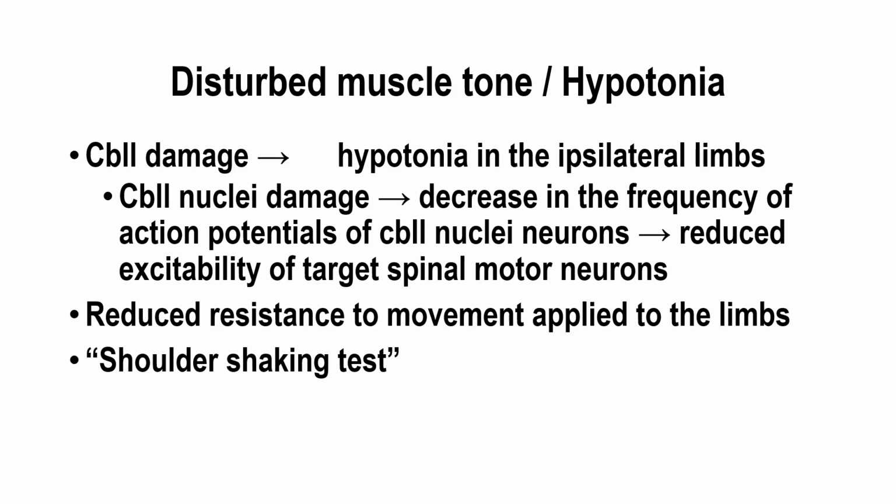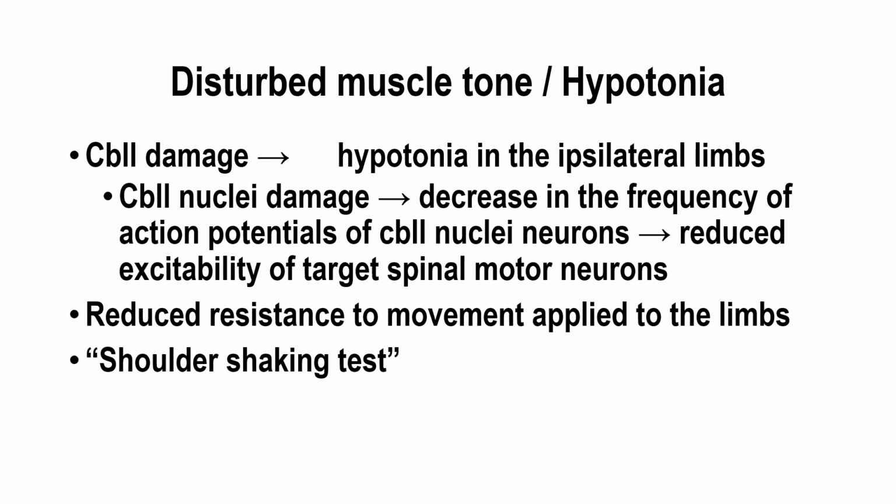Symptoms of cerebellar damage include abnormal muscle tone, particularly hypotonia, that is, lowered muscle tone. Cerebellar damage typically results in decreased muscle tone in the affected side, that is, the ipsilateral upper and lower limbs.